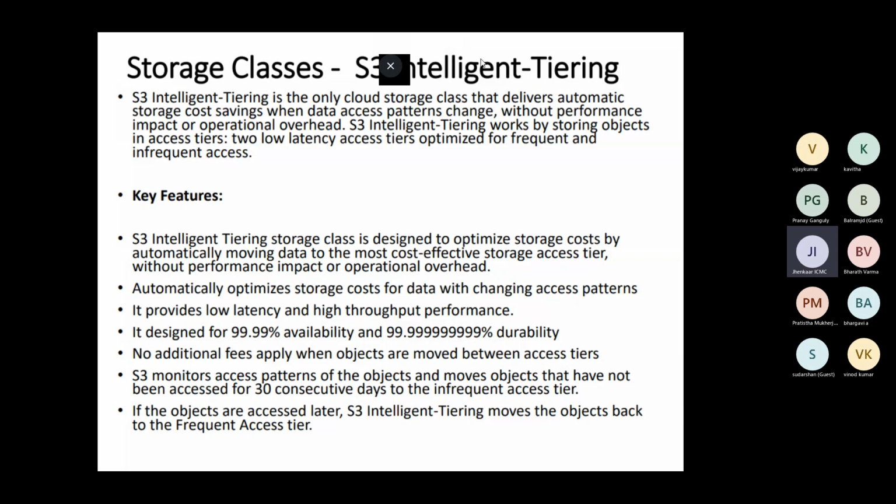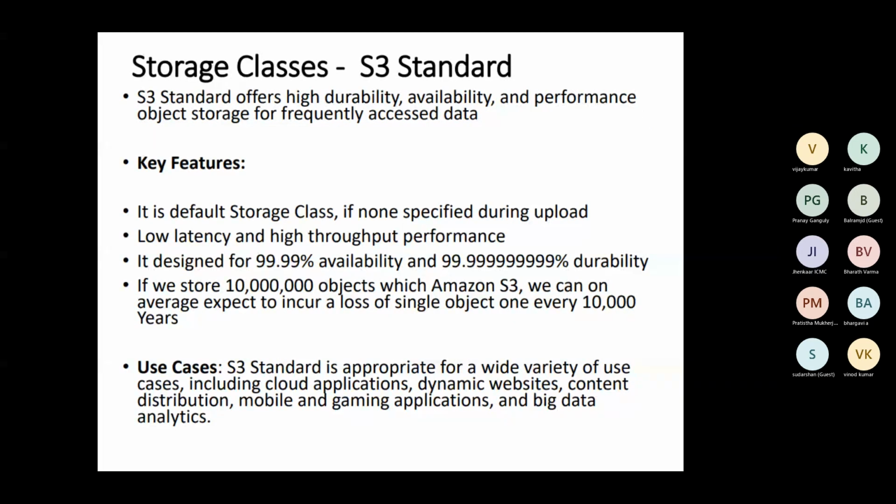That's the reason for the name Intelligent-Tiering. It has the capacity to judge the traffic and the requests, and accordingly it creates two layers and starts storing data in those layers, so we can definitely expect more performance compared to Standard. I've given some details, just go through them.